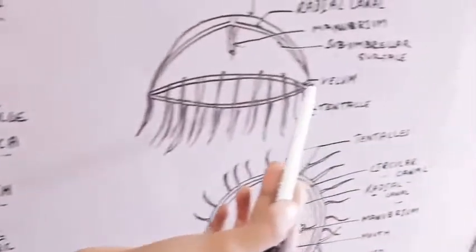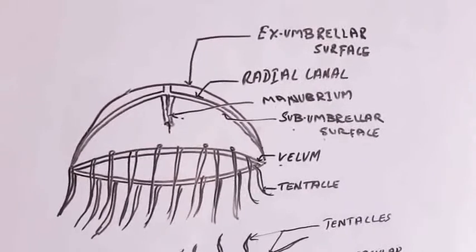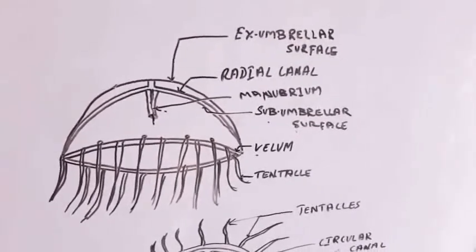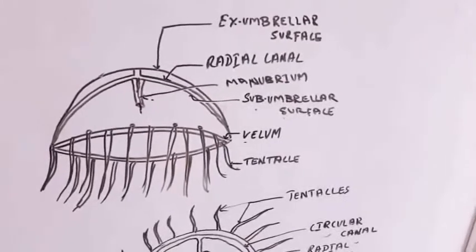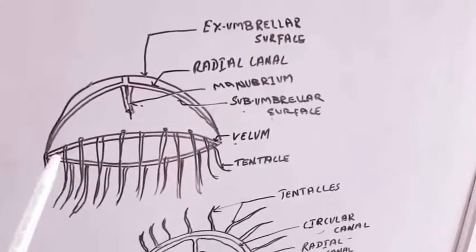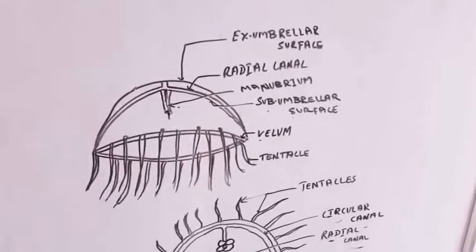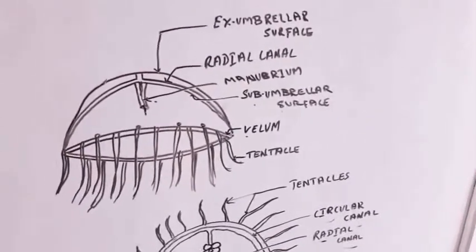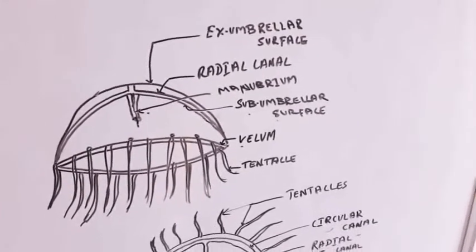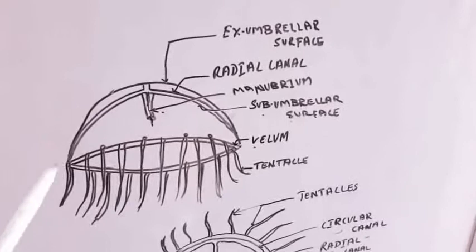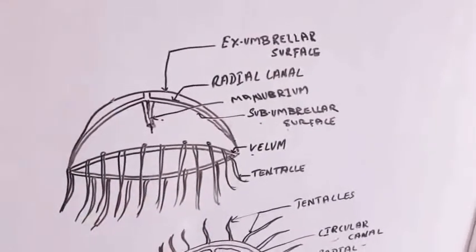You can see here the thin fold called the velum. The medusa has numerous tentacles completely surrounding it, arising from the margin, and here these are hanging down.